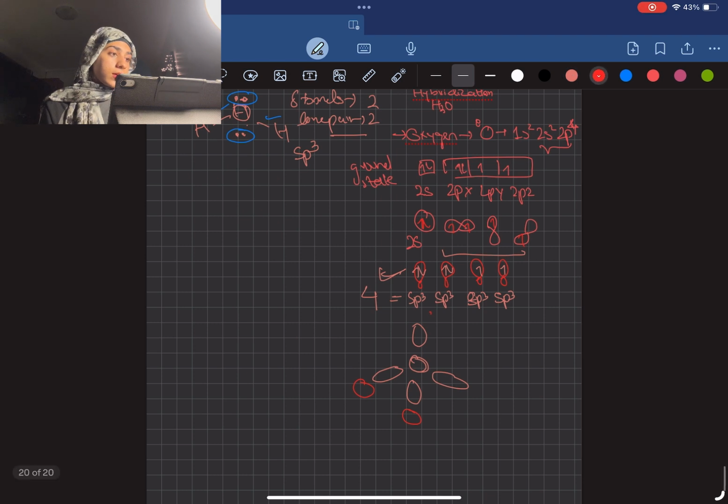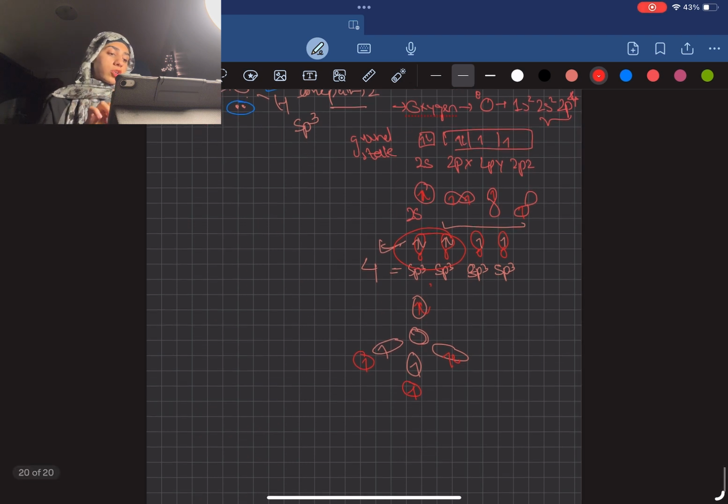I'm not putting this sphere over here because I just have 2 hydrogens, right? And then also remember that these 2 orbitals have 2 electrons already. So these 2 already have 2 electrons. It's already balanced. However, the other 2 just have 1, and then hydrogen has the other electrons.